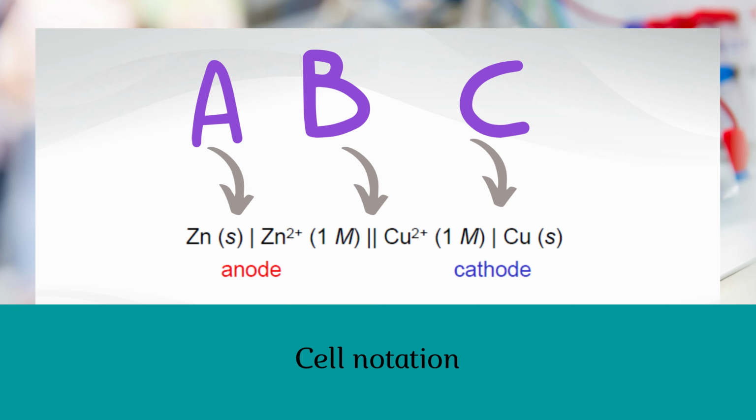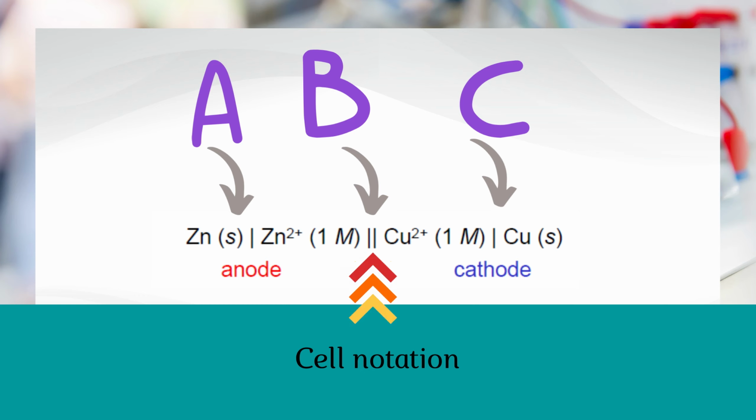Okay, so from the cell notation, the cathode where reduction occurs is placed on the right side of the double line. From the cell notation that I mentioned earlier, the left side is oxidation, and the cathode where the reduction occurs is placed on the right side of the double line.